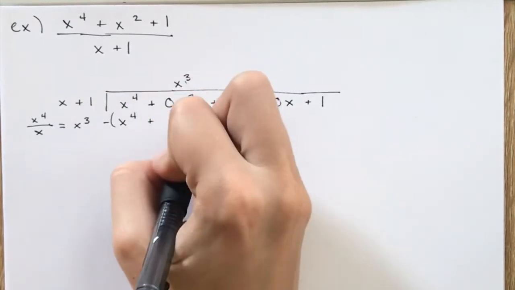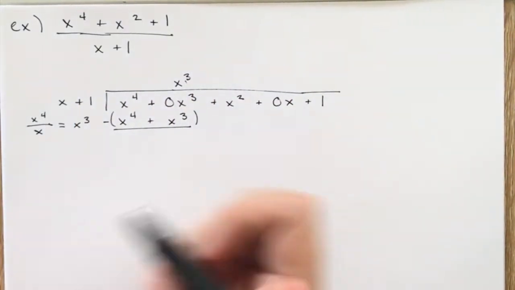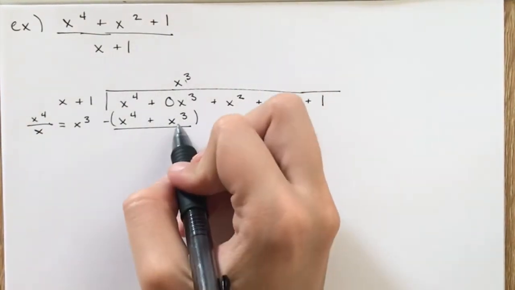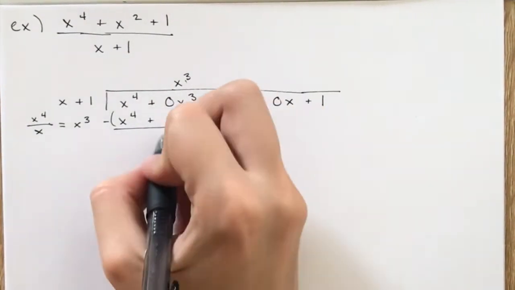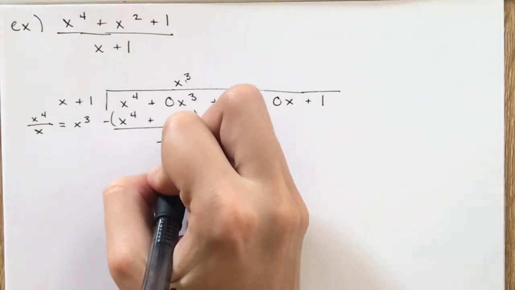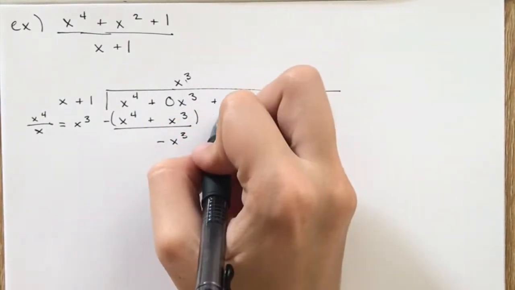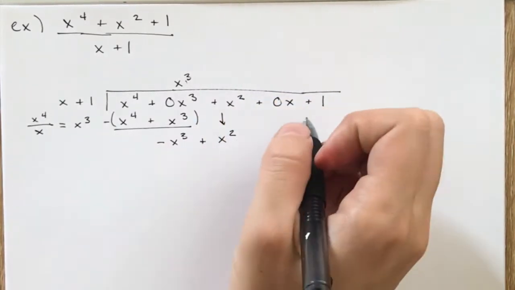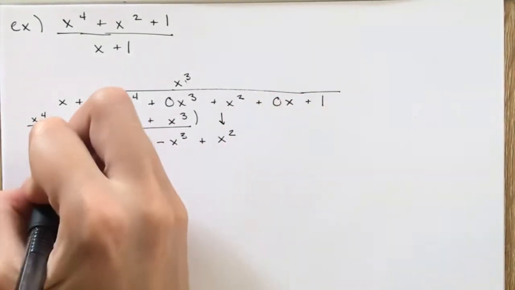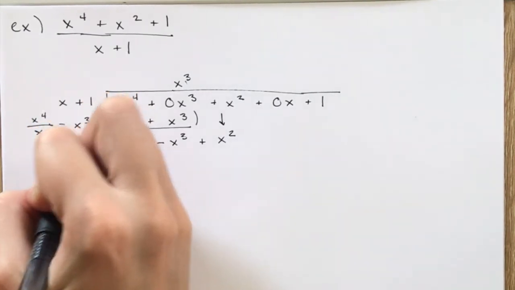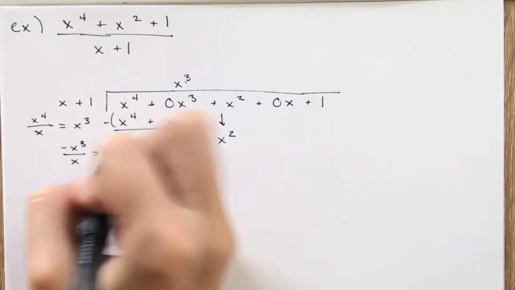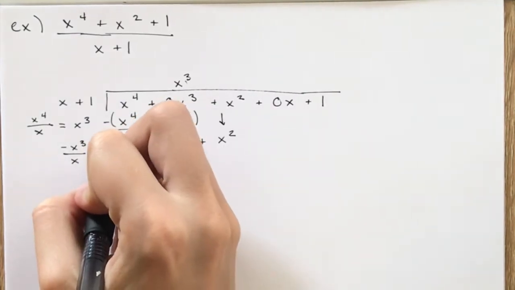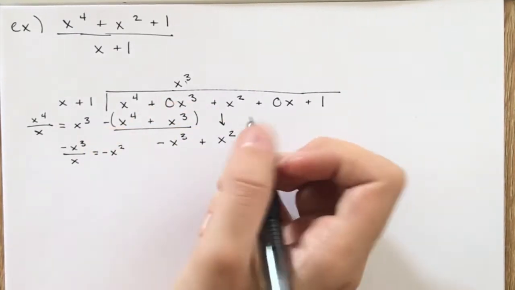We subtract. Our first term gives us 0, by design. We're subtracting x cubed from 0x cubed, so we get negative x cubed. We want to bring down our next term, so we have plus x squared. Negative x cubed divided by x, dividing first term by first term, we end up with negative x squared.